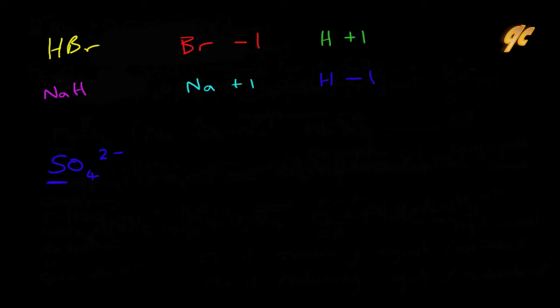We know that oxygen from our rules has got an oxidation state of -2, and there are 4 of them, therefore the overall oxidation state for oxygen within the sulfate ion is -8. Now the total oxidation state of the whole ion has to equal -2, and we already have an overall oxidation state of -8, then sulfur must have an oxidation state of +6, because -8 plus +6 equals -2.